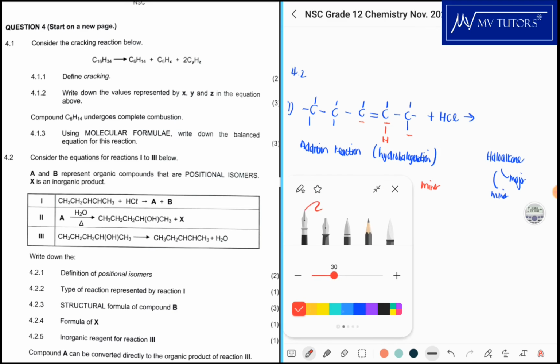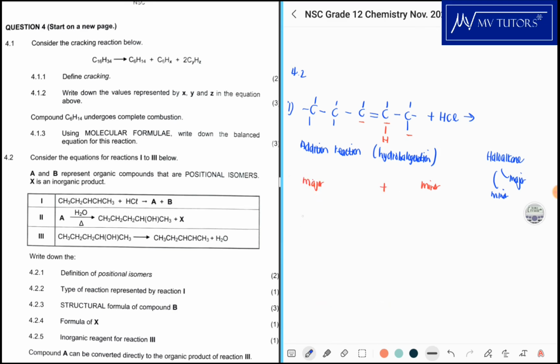All right, so which one is my major, which one is my minor? If I draw again the structural formula, 1, 2, 3, 4, 5. So we have pentene there, pent-2-ene, if you like. So now we don't have double bonds anymore. We have a haloalkane.